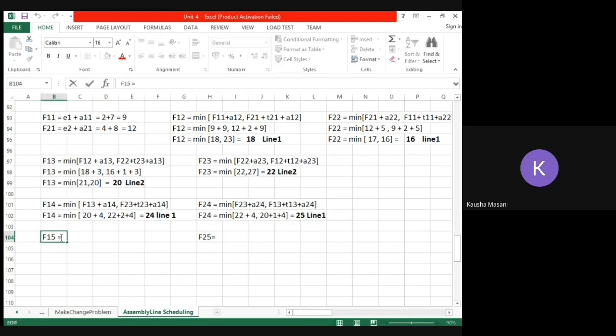F15 is given as the minimum of F14 plus A15, and F24 plus T24 plus A15.